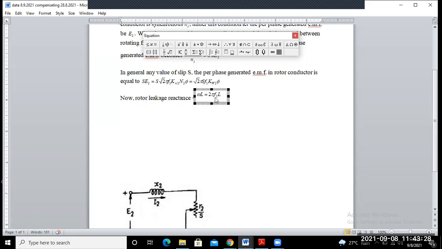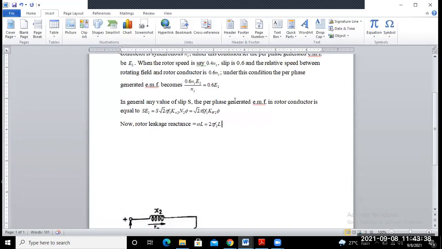Similarly, here the rotor frequency is denoted by F2, so 2 pi F2 into L. Now at standstill, the rotor leakage reactance can be represented simply as 2 pi F2 L2, equal to X2.